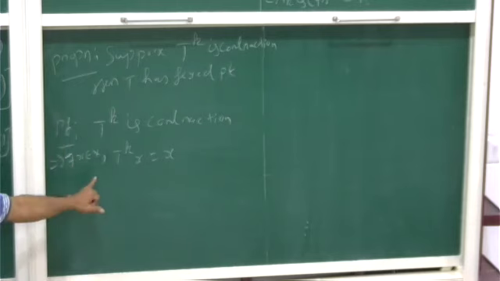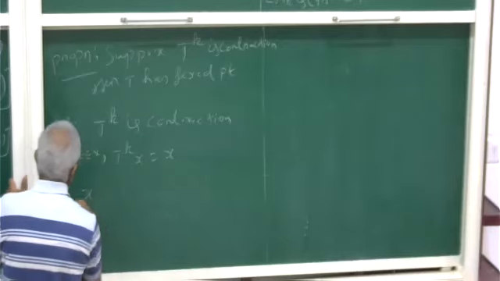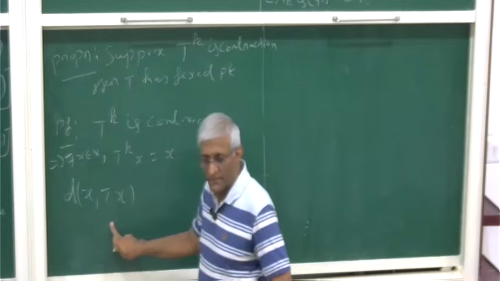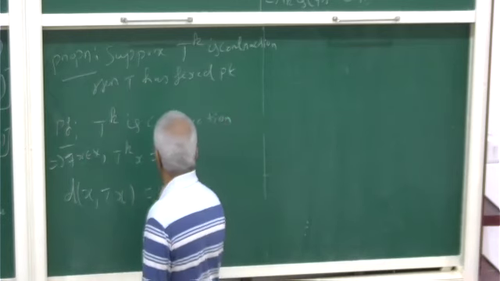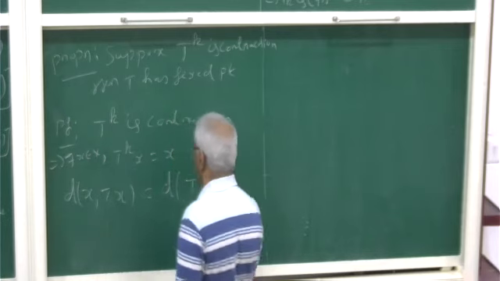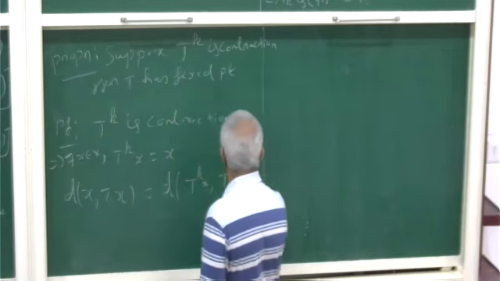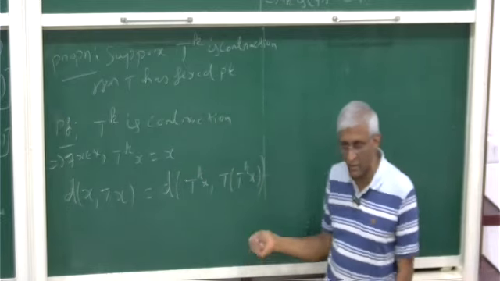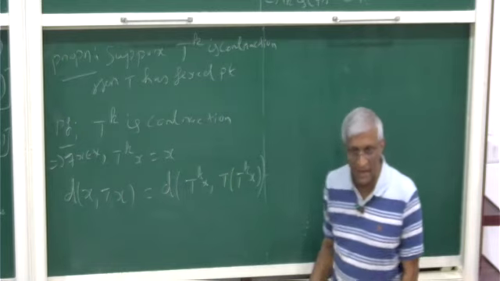Now we want to prove T also satisfies that. So let us take d of x, Tx. We want to show this is 0. This is equal to d of T to the power K x, T of T to the power K x, since I'm just applying T to the power K x equals x.